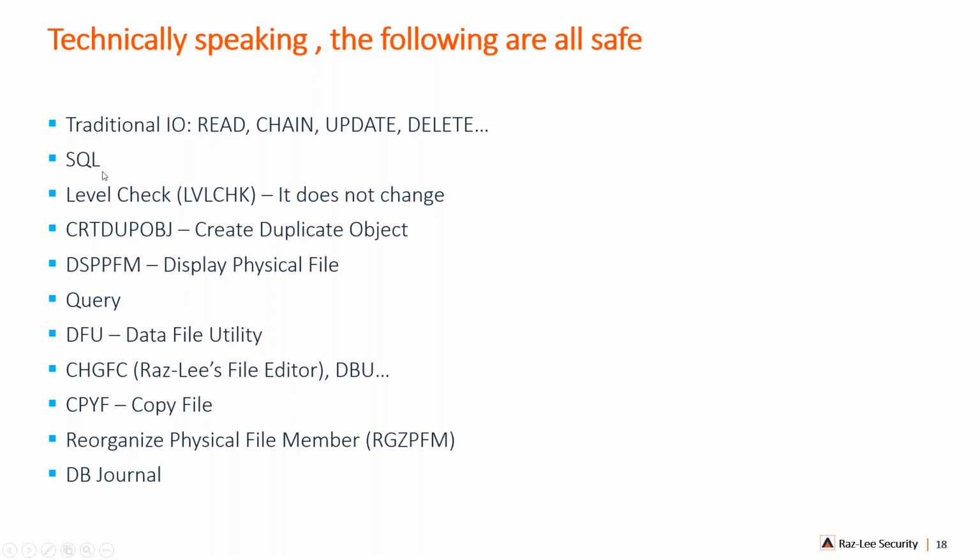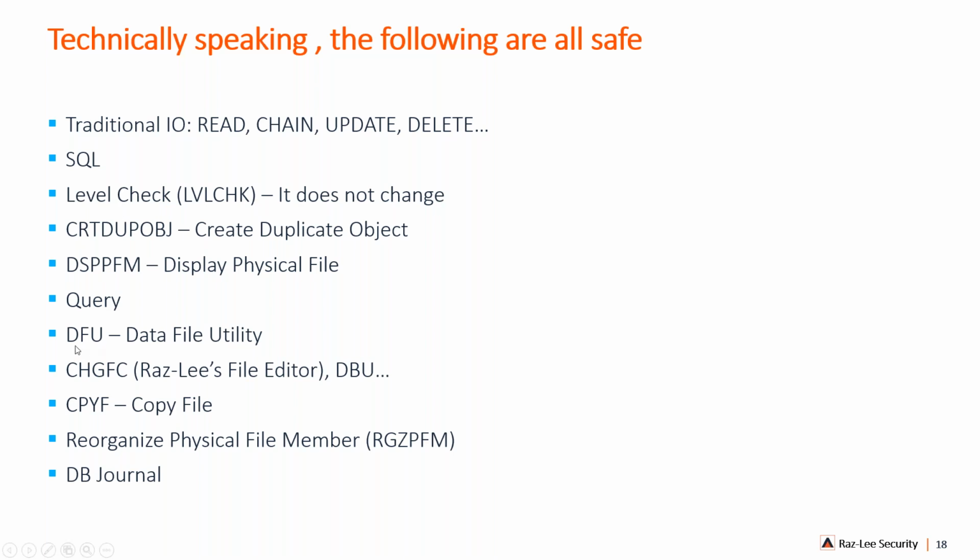This is also true for SQL. Again, level check is not changed at all. You can freely create duplicate objects, because when you do this, you will not discover the data. The same is with copy file. The same is even when you use something which shows you the data without separating it into fields, such as display physical file member, then you will see it in this way.